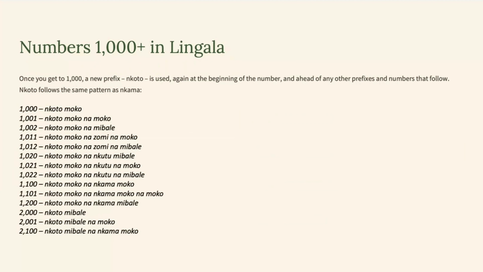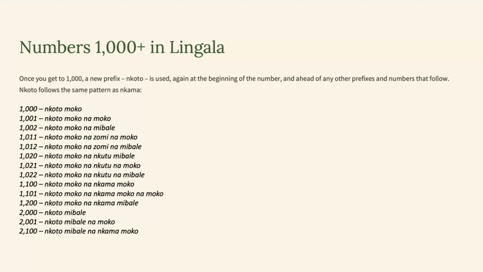Numbers from thousands. Once you get to thousands, a new prefix is introduced. Nkoto is used again at the beginning of the number and ahead of any other prefixes and numbers that follow. Nkoto follows the same pattern as Nkama.